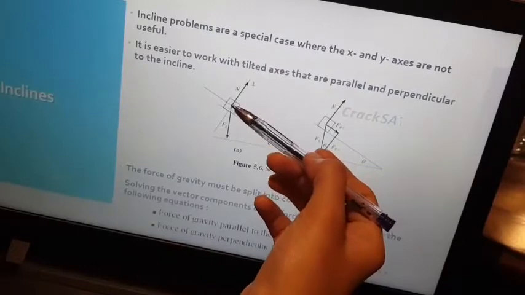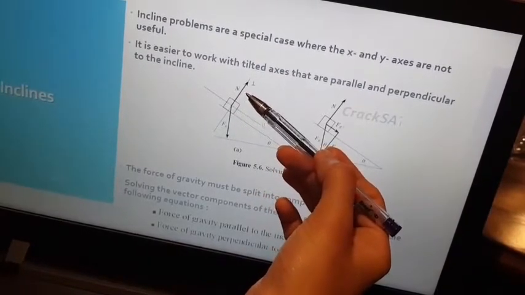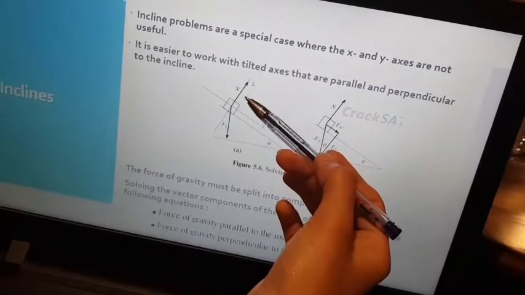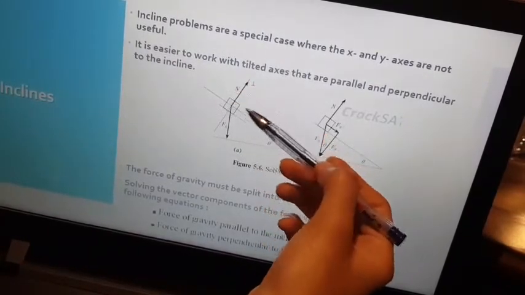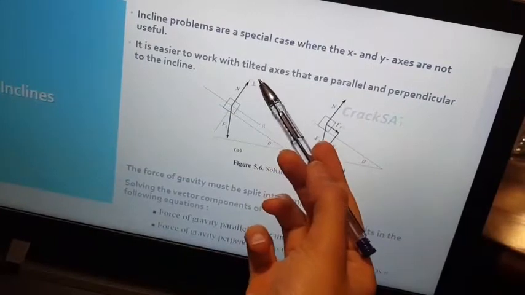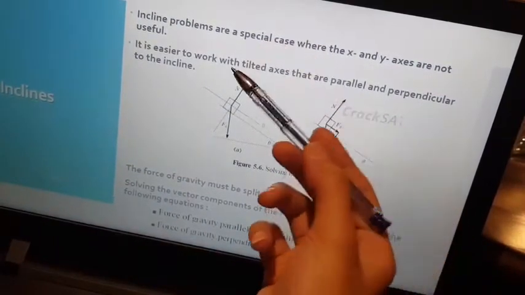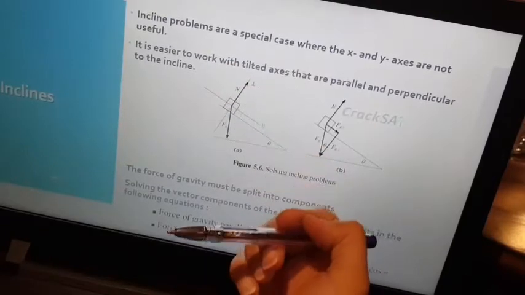Because we know that the normal force is always on the y-axis, because it's perpendicular to the surface. So in this case, the normal force has no need to be resolved into two components. There will be no angle between the normal force and the y-axis. It's exactly on the y-axis. That's why we tilt the axes.